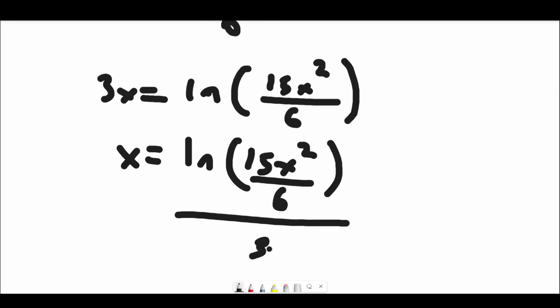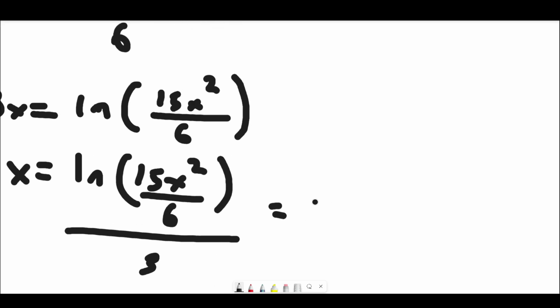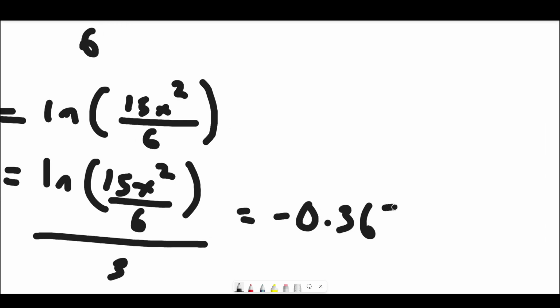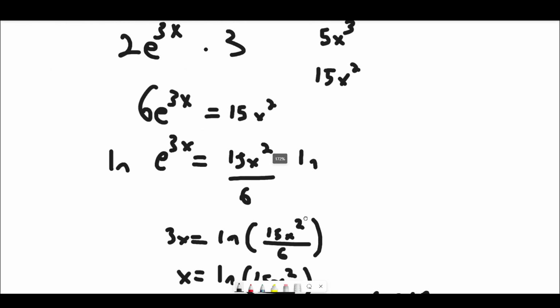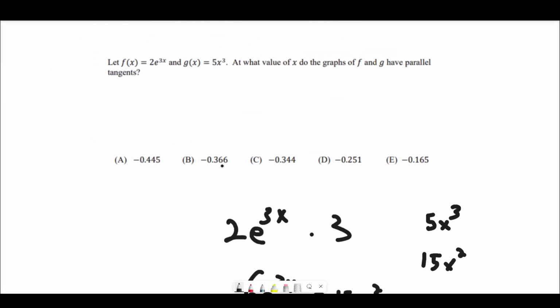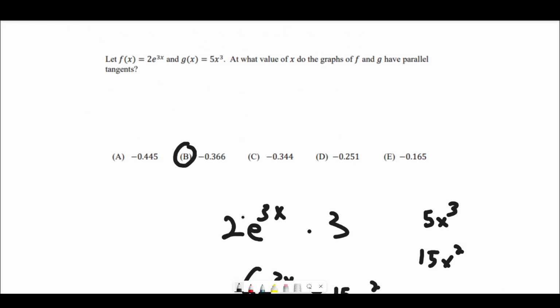And then when I plug that into the calculator, let's see what I'll get. I'm going to get an approximate value of negative 0.366, which is rounded. So I'm going to go back up, and as you can see, B is our answer choice. So we're going to circle that.